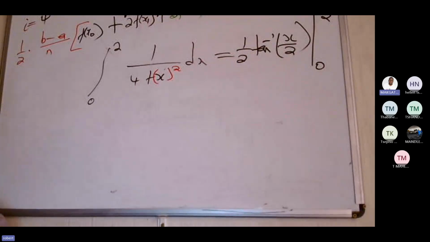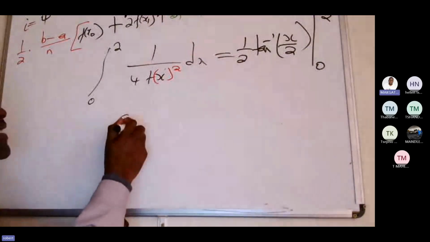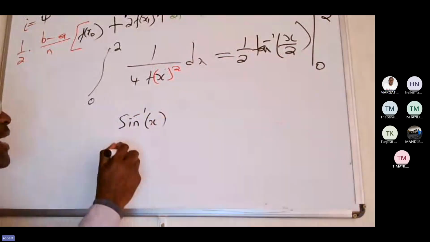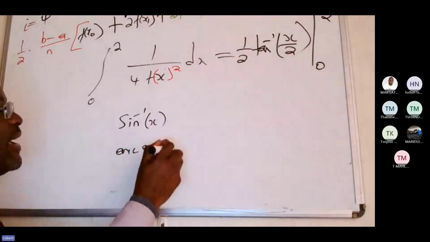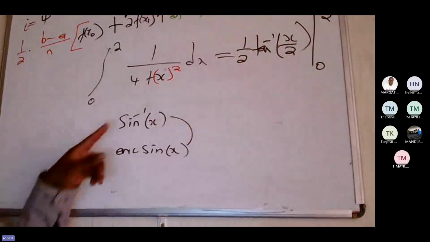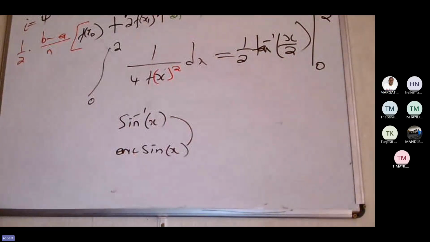Yes, remember, arctan and inverse tan are the same thing, written differently. Inverse sine of x and arc sine x, they are the same. Different notation. You can say inverse sine or arc sine.